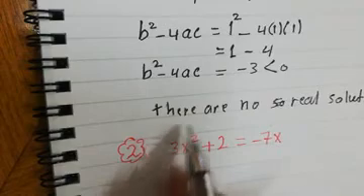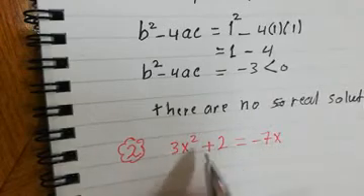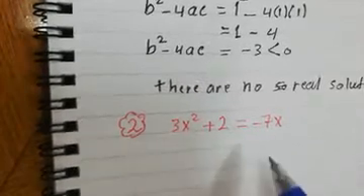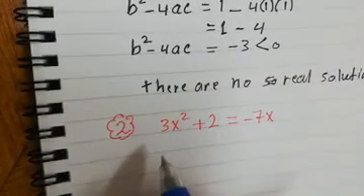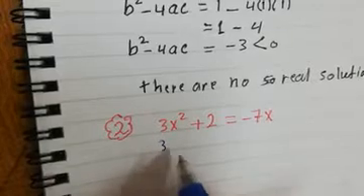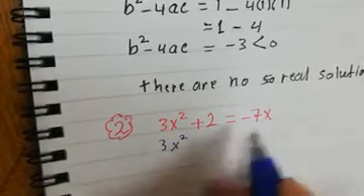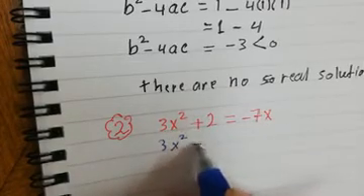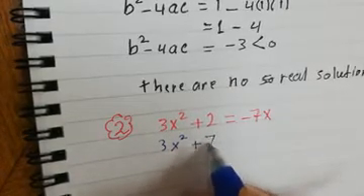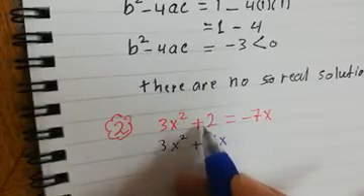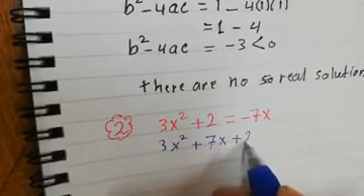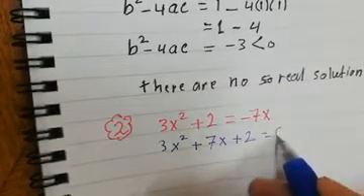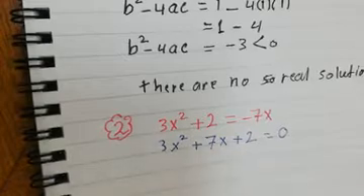Now this quadratic equation is not written in the standard form, so you have to write it in the standard form at the beginning. I will start with 3x squared. Then the second part, negative 7x, transfer it to be positive, plus 7x, and this part I will keep as it is, plus 2, equals 0 on the right side. Now it's written in standard form.